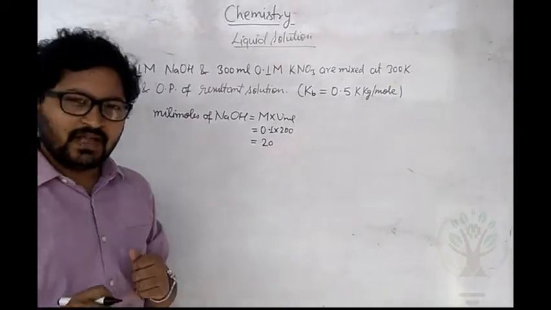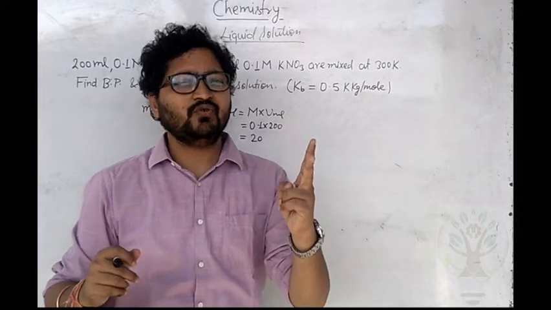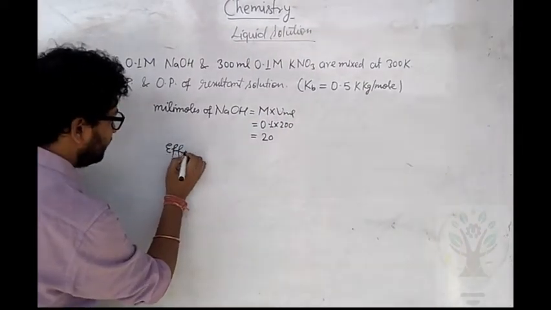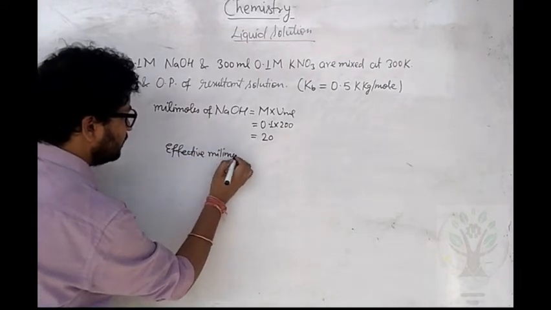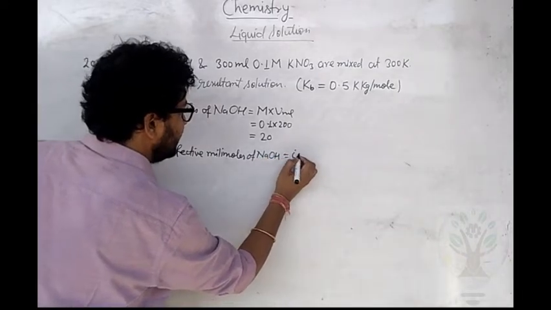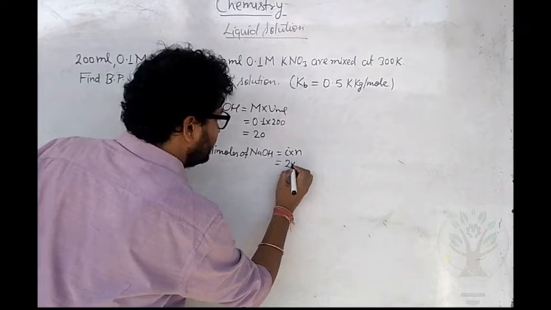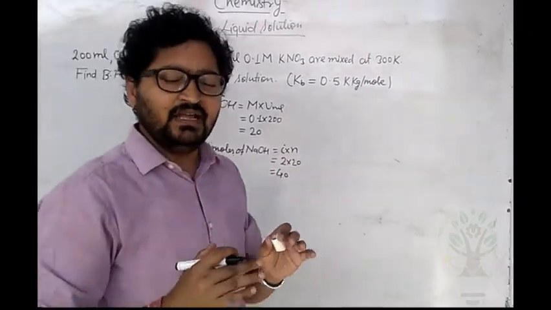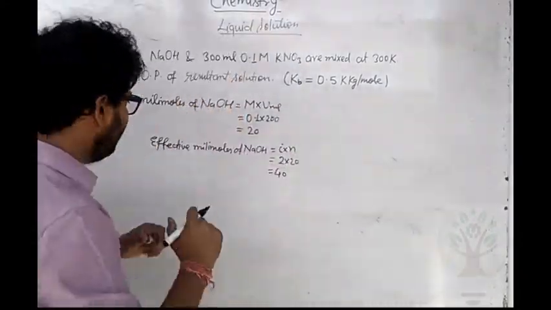Now this is millimoles of NaOH, but you know that each NaOH when dissolved in water will give us 2 ions, isn't it? So effective millimoles of NaOH, can you tell me how much it will be? It will be i into millimoles, like 2 into 20, that means 40. So 40 millimoles effectively, including the effect of i, are being produced by NaOH.